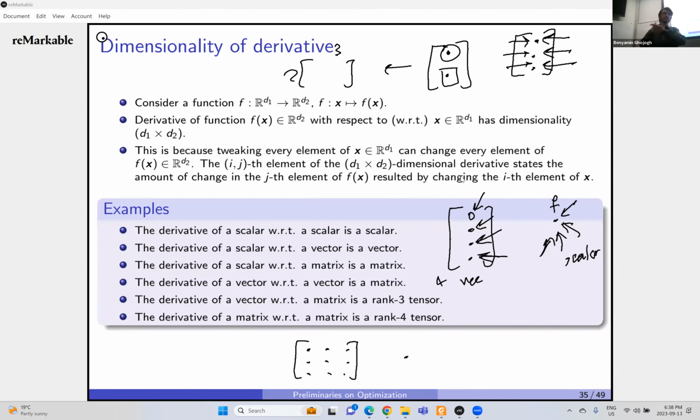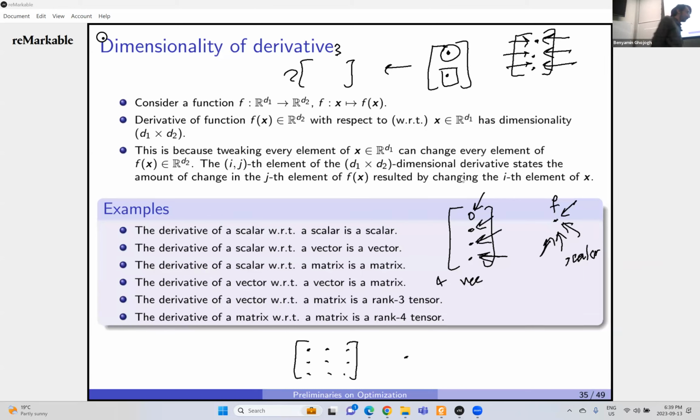Derivative of a scalar with respect to a matrix, with the same analysis, becomes a matrix. Derivative of a vector with respect to a scalar becomes a vector. Derivative of a vector with respect to a vector becomes a matrix. Derivative of a vector with respect to a matrix becomes a rank 3 tensor. Derivative of a matrix with respect to a matrix becomes a rank 4 tensor.